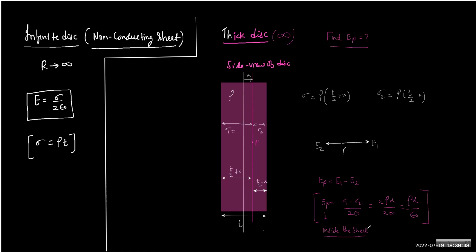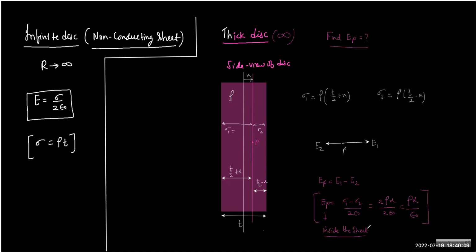From center to surface, x will go from where to where? If you go from center to surface, how much will x vary?